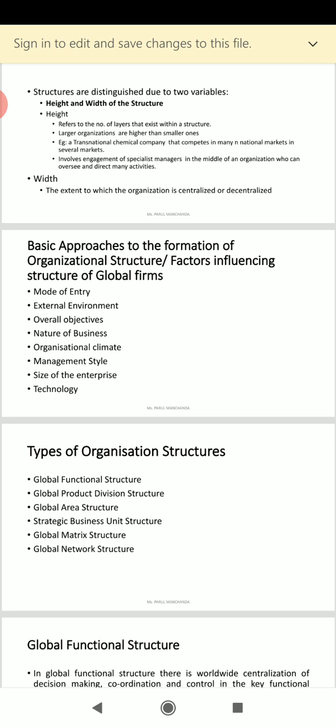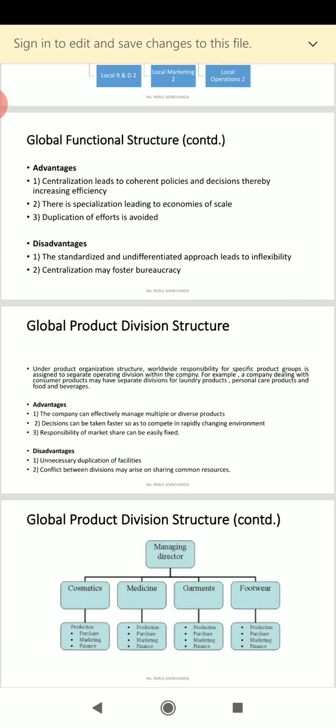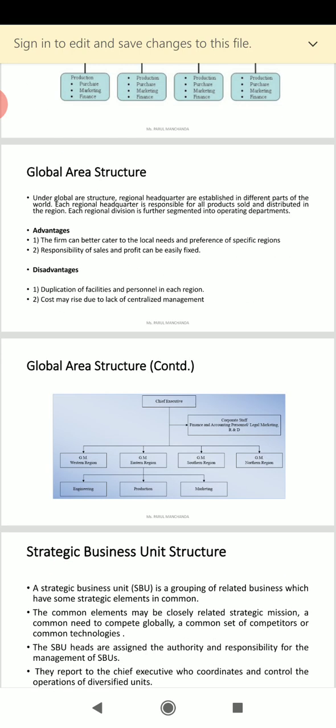Now starting with the global area structure, for this we move to the concerned slide. Yes, this one. When we're talking about the global area structure, what happens is you have the structure defined regionally, as in you have a regional headquarters established in different parts of the world.